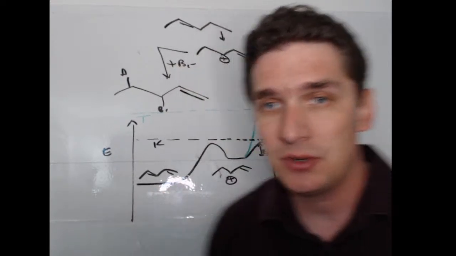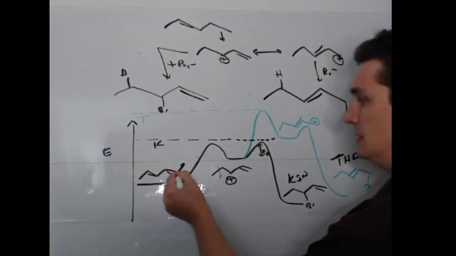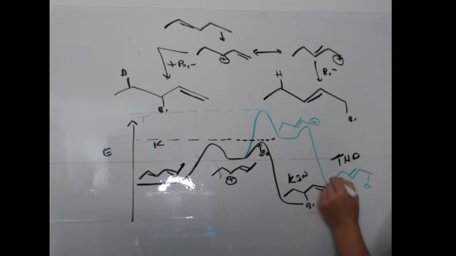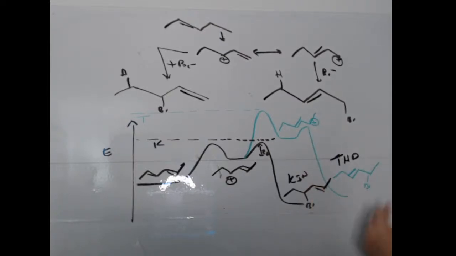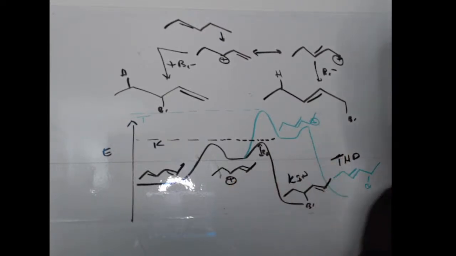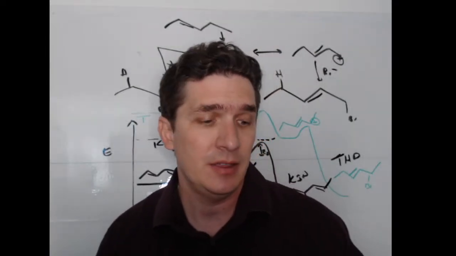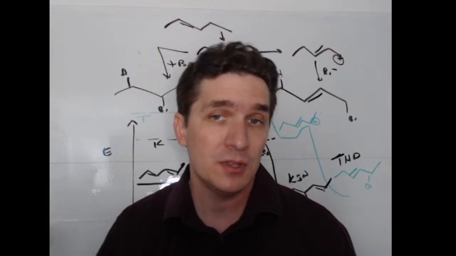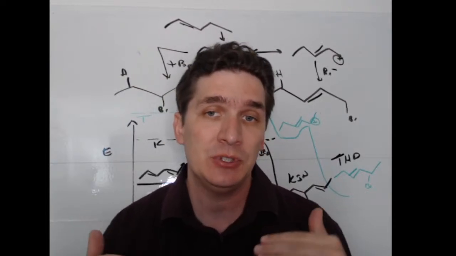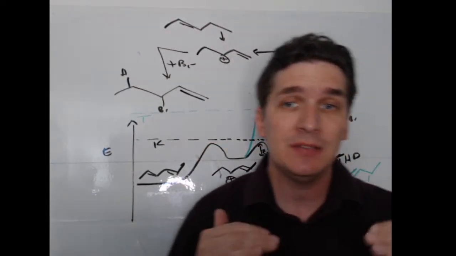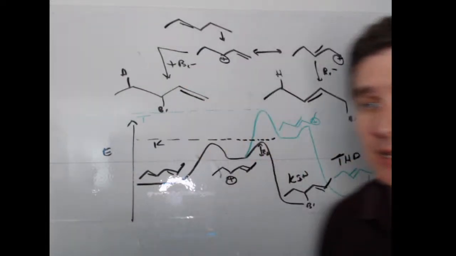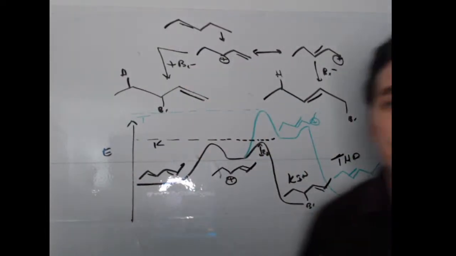Now, if I threw another carbon on there, in both cases we end up with a secondary carbocation, you would probably see that you get more and more of the thermodynamic product the higher you go in temperatures, but there's no relative stability difference between the kinetic and the thermodynamic product.